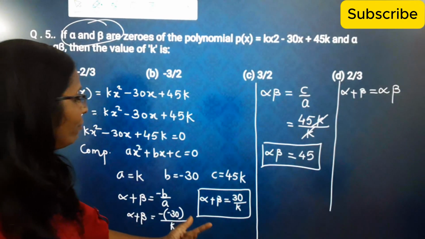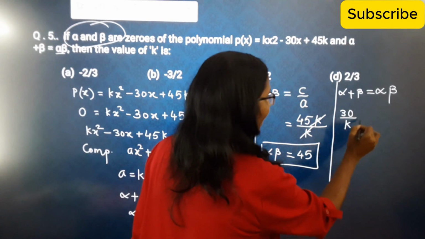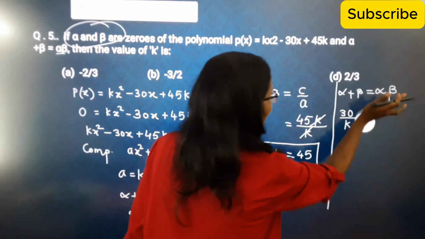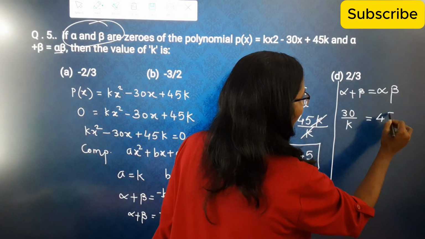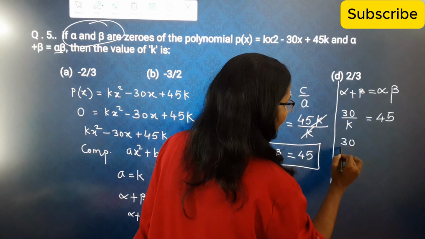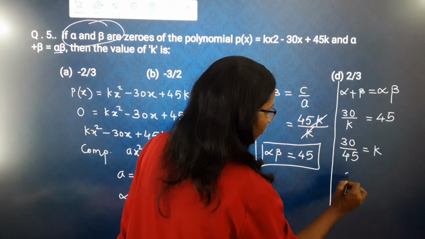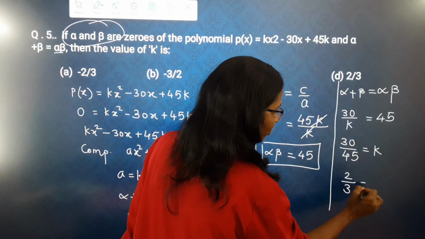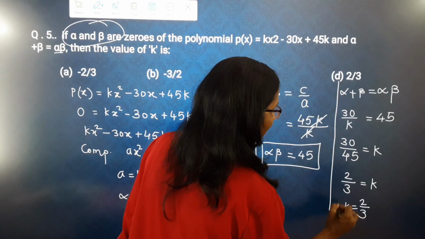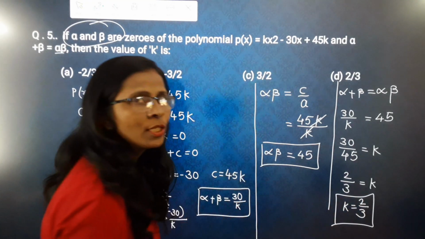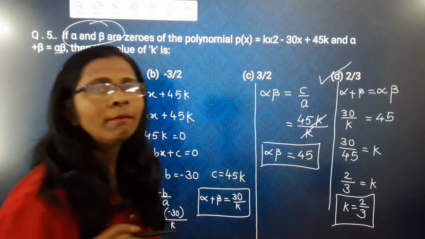So 30 upon k is equal to alpha beta, which is 45. So 30 upon 45 is equal to k. 15 times 2 is 30, 15 times 3 is 45. So k is equal to 2 upon 3. Okay student, so the D option is correct.